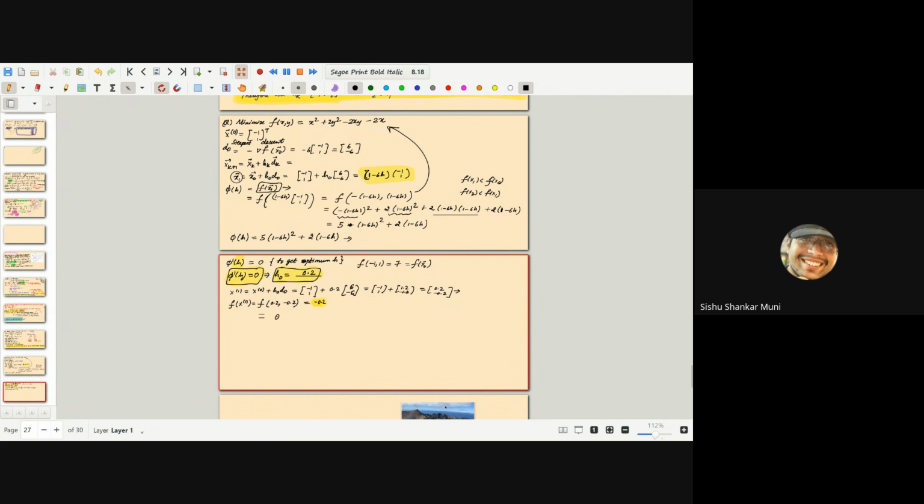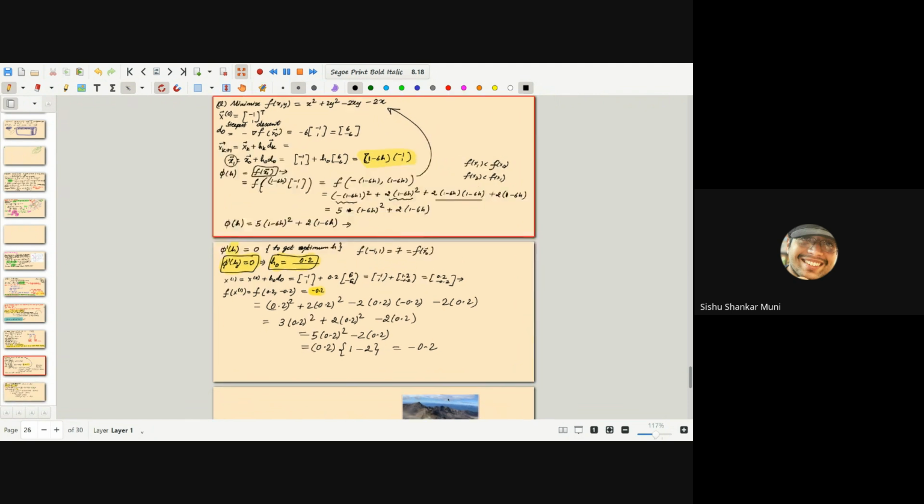That is 0.2 squared plus 2 times minus 0.2 squared, minus 2 times 0.2, minus 0.2, minus 2 times 0.2. So this is 3 times 0.2 squared plus 2 times 0.2 squared, minus 2 times 0.2. This is 5 times 0.2 squared minus 2 times 0.2, which is 0.2. Minus 0.2. Good.